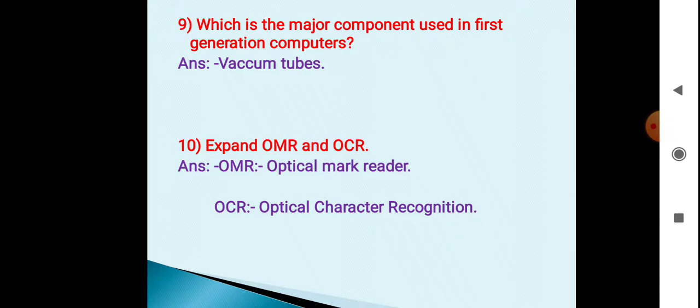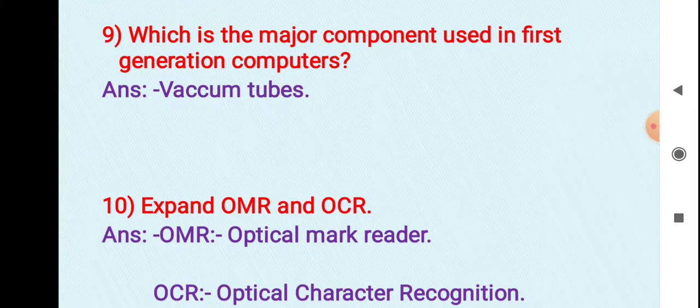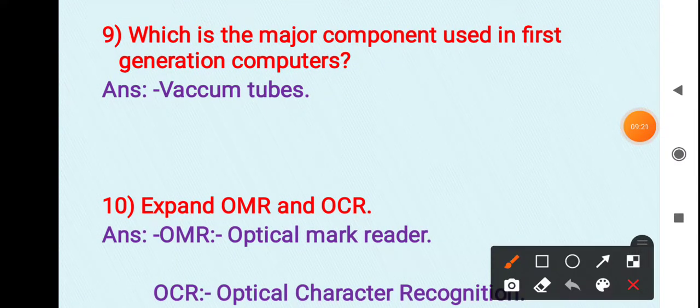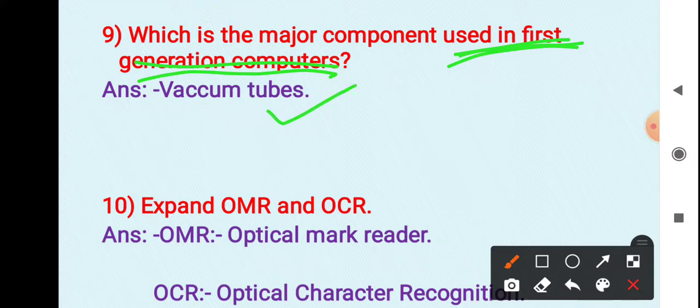So next question, which is the major component used in first generation computer systems? First generation computer systems had the major electronic component called vacuum tubes. So vacuum tubes were used as the major electronic component for first generation systems.